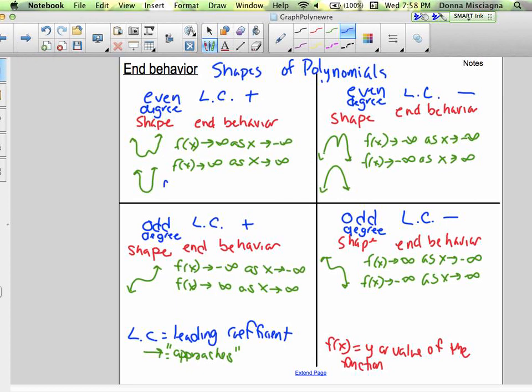That would be, for instance, f of x equals x squared, right? And then the x squared could have anything with it, right? That's still going to have that U parabola shape. Doesn't matter how many things we add to that. Also, if we had f of x equals x to the fourth, that would have that shape.